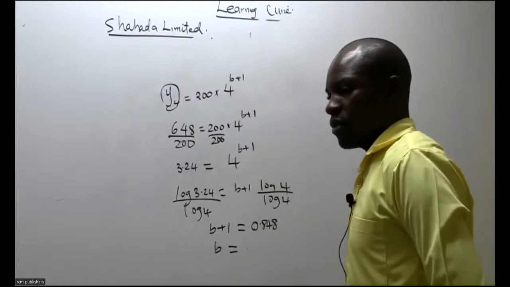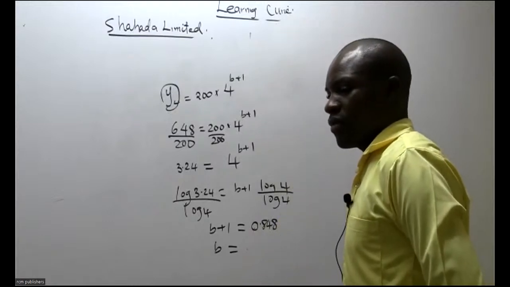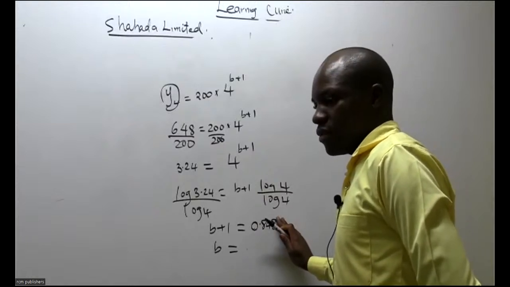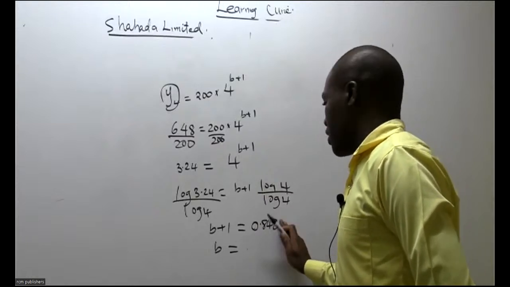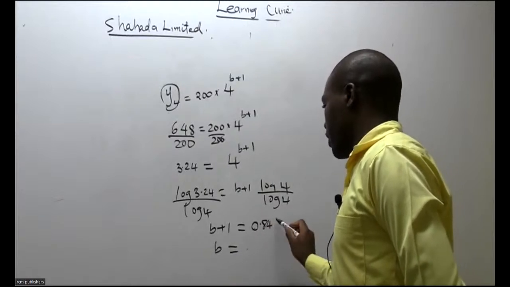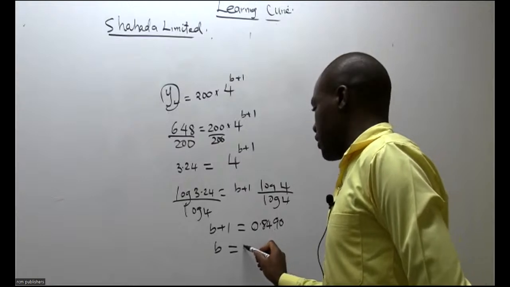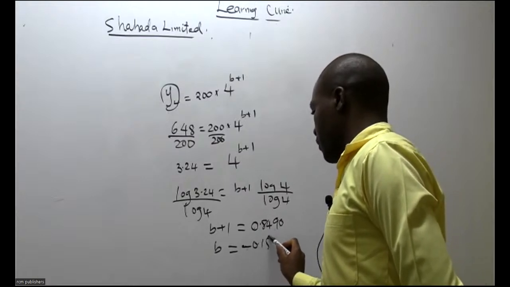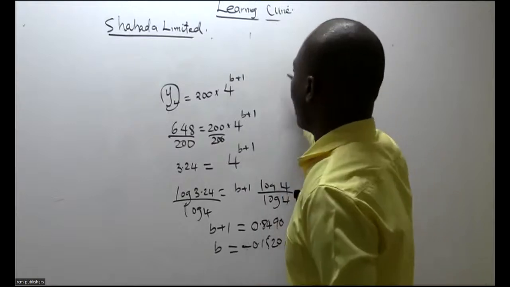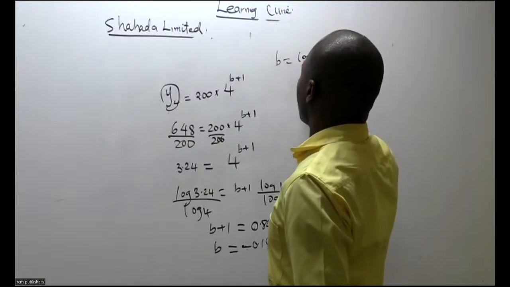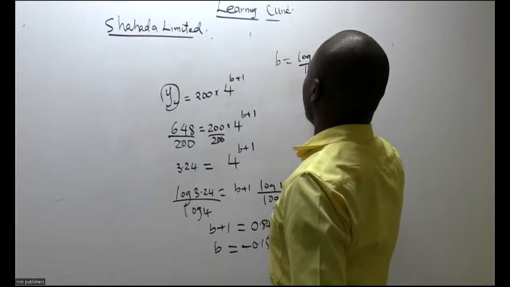What's the value of B? Or even if you use what you have there, maybe if that's what you're getting. The value of B, negative 0.1520. Now, B is equal to log R over log 2.